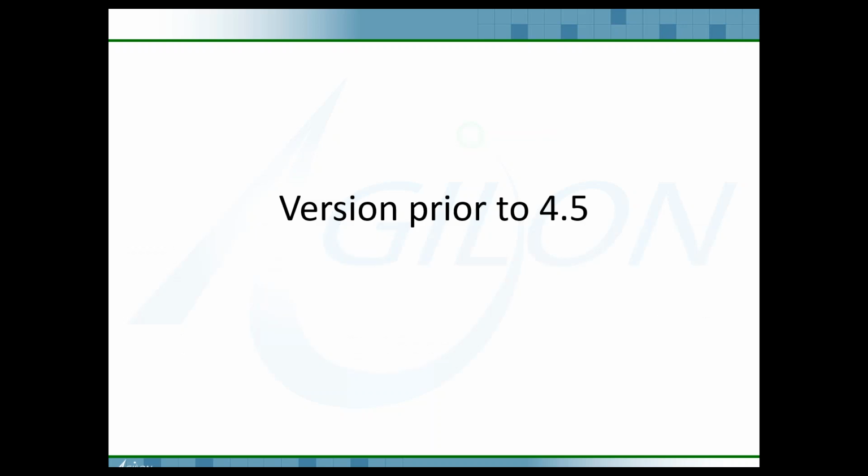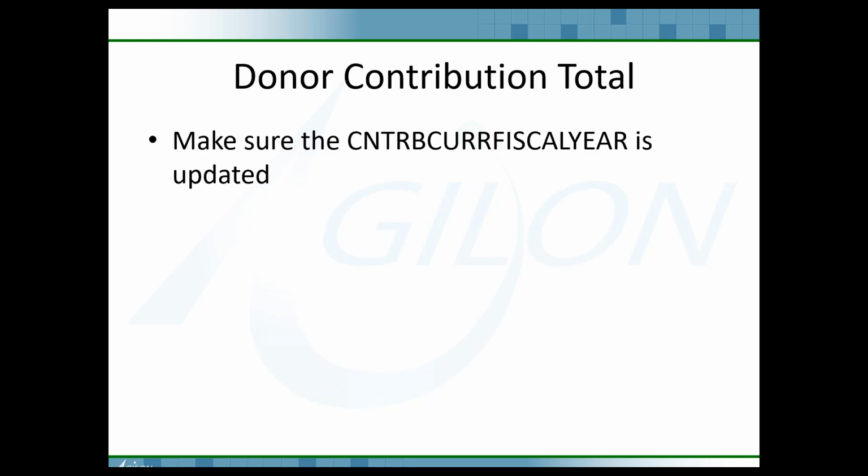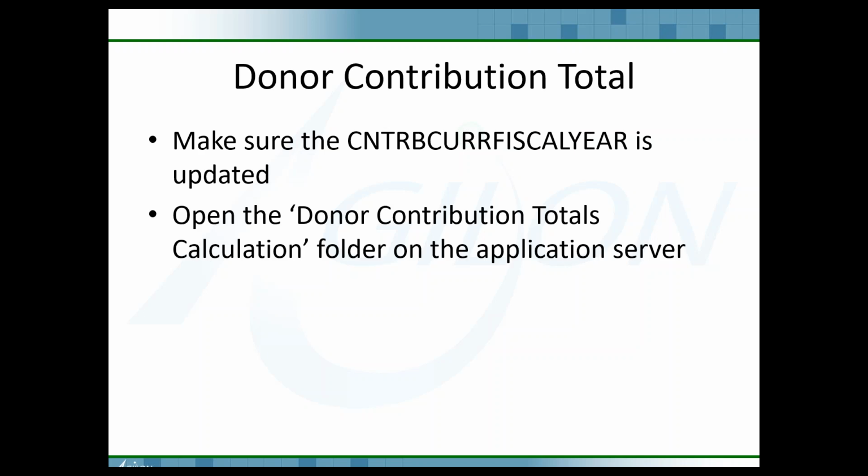So we'll continue on. Prior to version 4.5, this is the program that you're going to be using. First off, we're going to make sure we change that control info record. It's called fiscal year, but it is the calendar year that we're changing it for. Then we are going to open up the donor contribution total calculation folder on the app server.